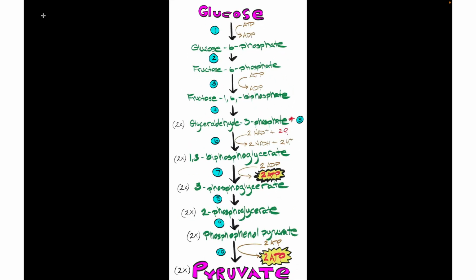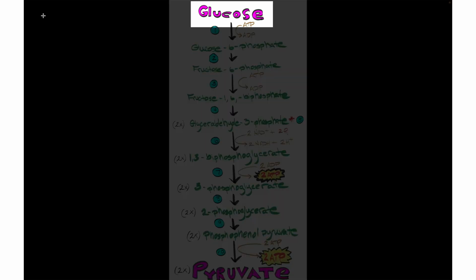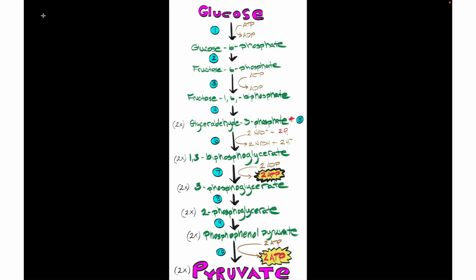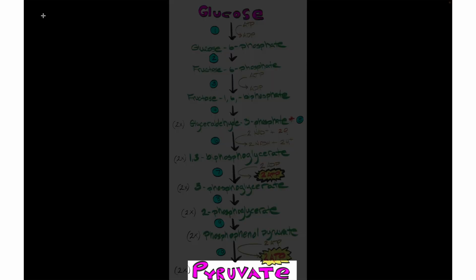Okay, so let's take a more in-depth view of glycolysis. We've discussed glycolysis in previous videos, but we're going to do so with more detail here. Once again, the precursor to glycolysis is glucose. Glycolysis always starts with a molecule of glucose, C6H12O6, and glycolysis ends with the molecule pyruvate.